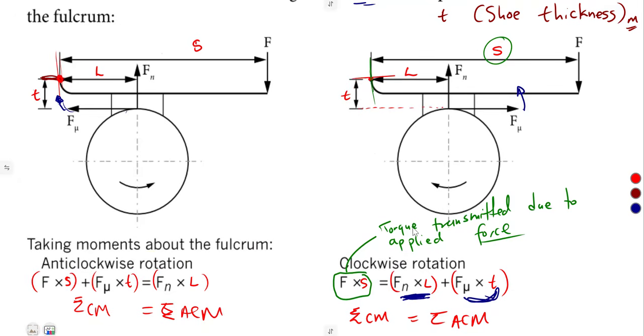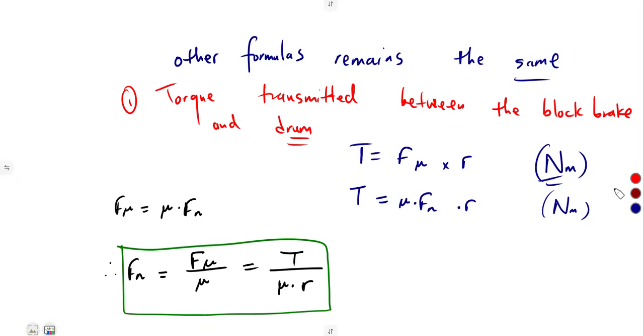It is also torque, just like what we had transmitted due to applied force. This one due to the normal reaction, our normal force. This one due to what? Our frictional force. So you can play around when it comes to formulas, guys. I'm not going to write those ones here.